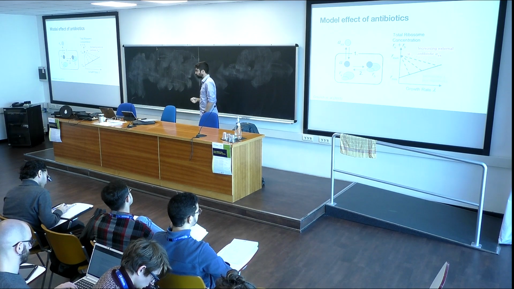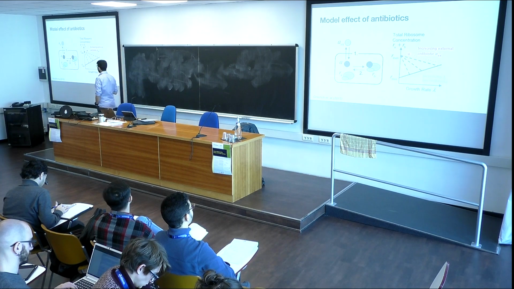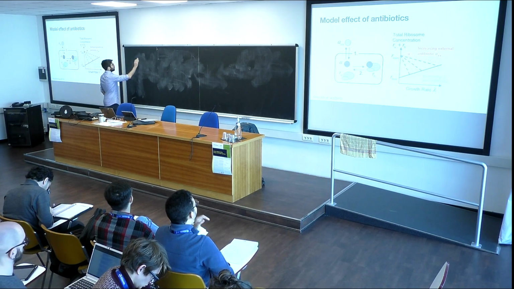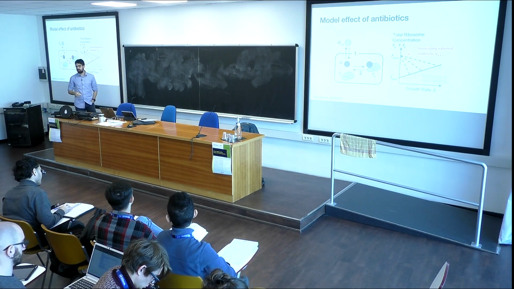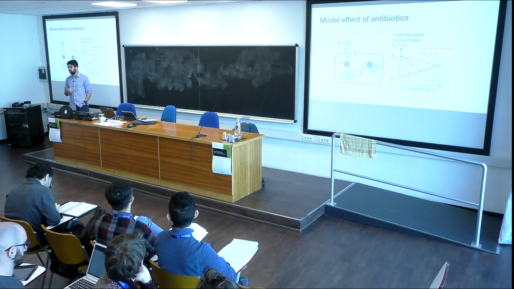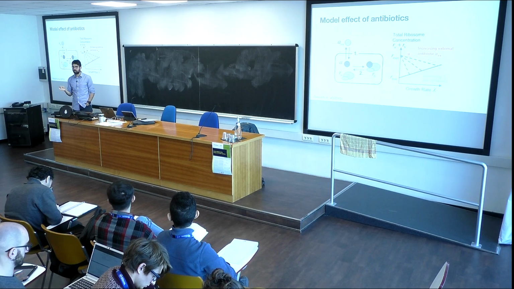Okay, so how do these antibiotics work? As a first approximation, we have ribosomes. Now I'll use R instead of PR because here we want to describe concentrations instead of mass units, but it's the same thing. They are proportional to each other.